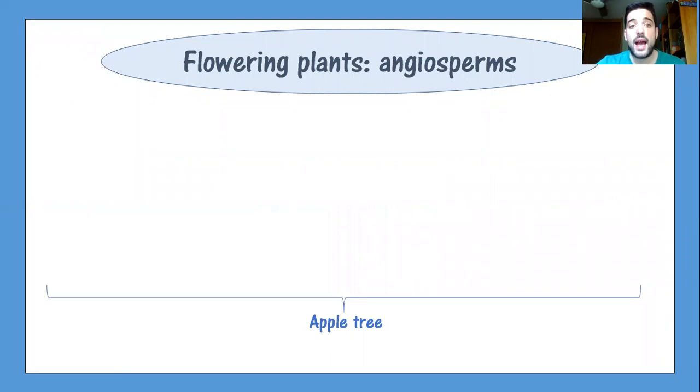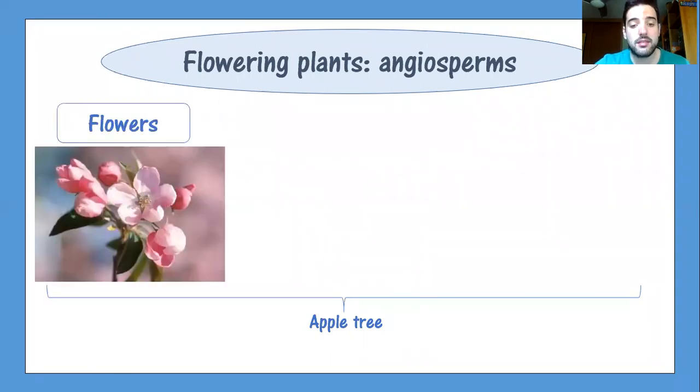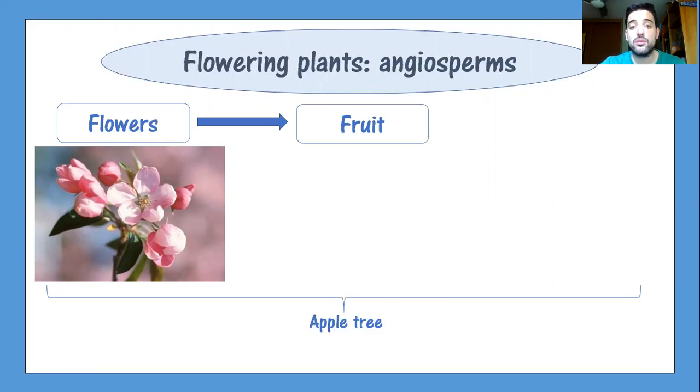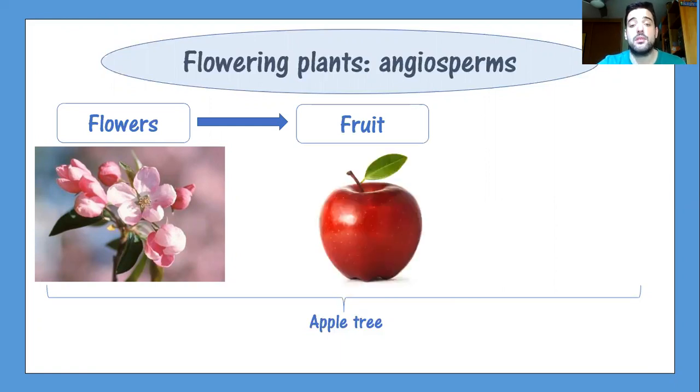Well, the angiosperms plants, an example is the apple tree. Okay, the apple tree has flowers, and these flowers are transformed into a fruit, which is the apple. Yes, you heard properly. From the flower, we have the fruit. Flower is transformed into the fruit.